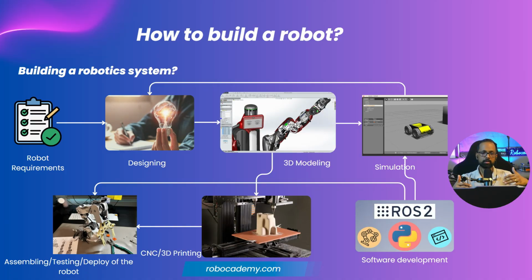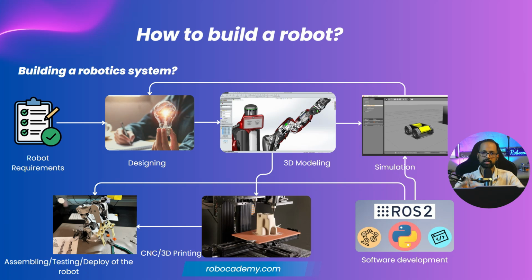It should carry this much weight, the payload, and it may be an indoor robot or an outdoor robot. The requirements can vary, and they may be based on the application that we are going to implement using this robot. I can take an application like a food delivery robot, maybe an indoor robot which can deliver food inside an office.